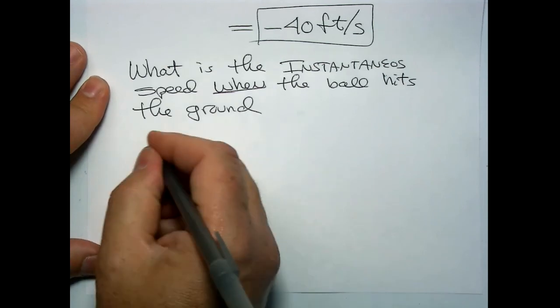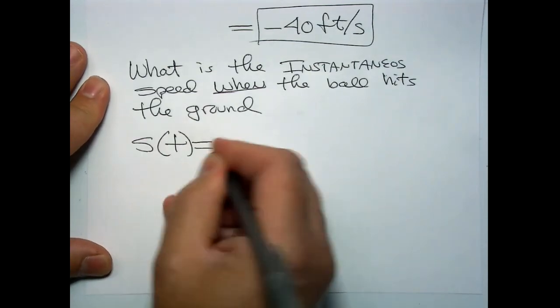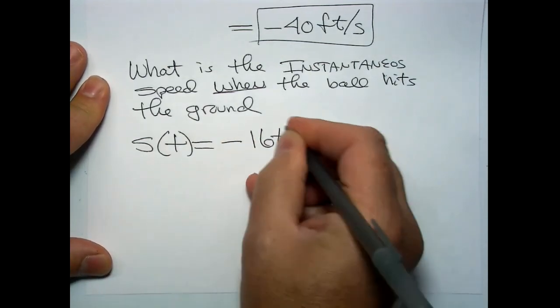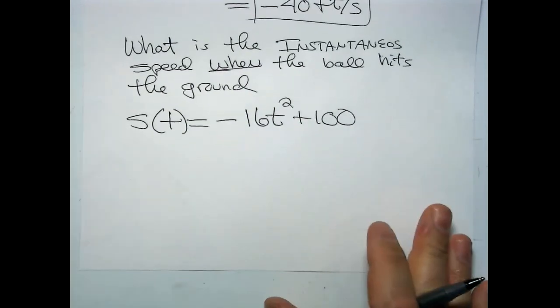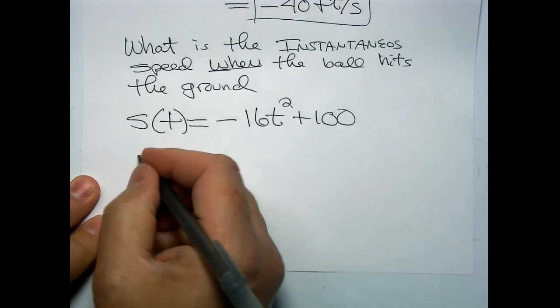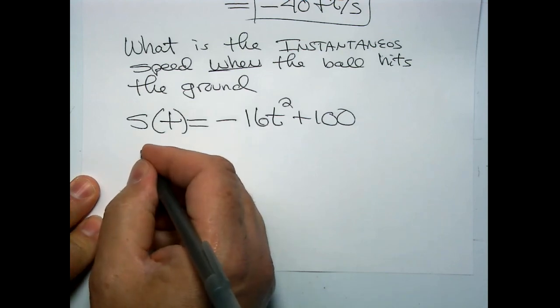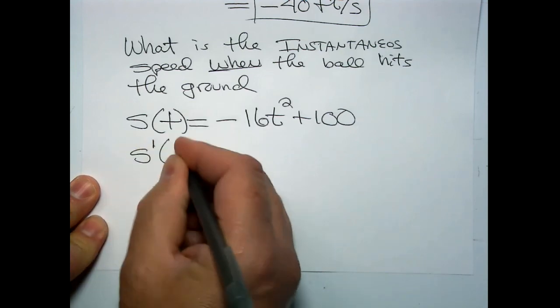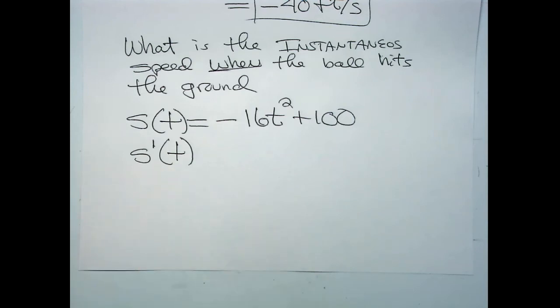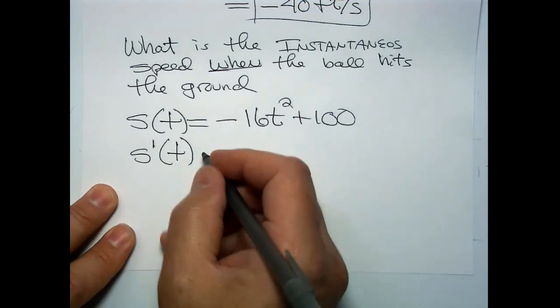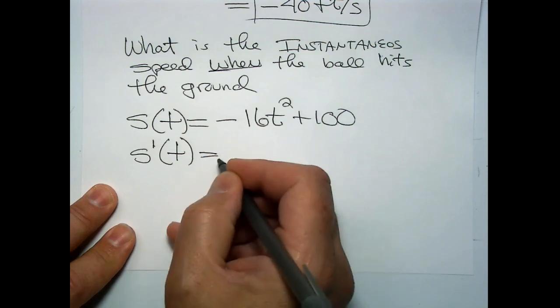We talked about this. If this is the position function, we talked about the derivative being an instantaneous rate of change or speed. So S prime, the derivative, ought to be able to reveal to us instantaneous speed. Let's take the derivative.